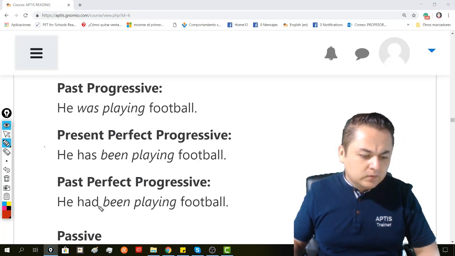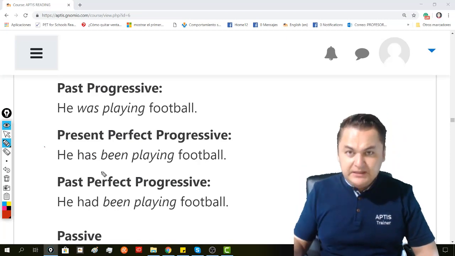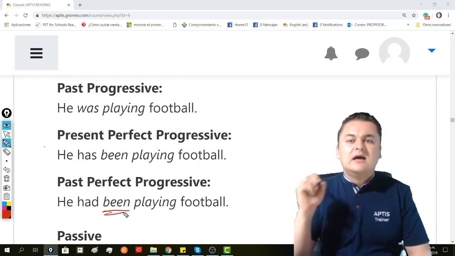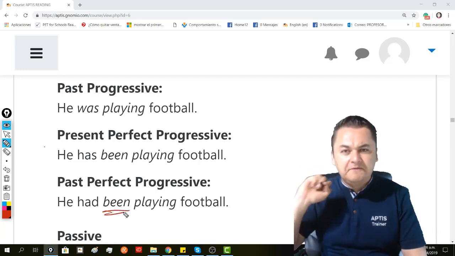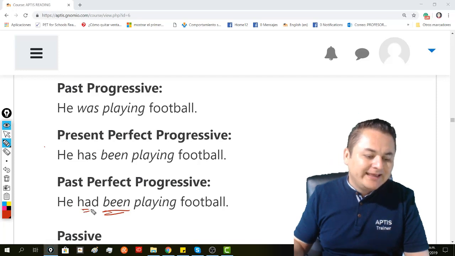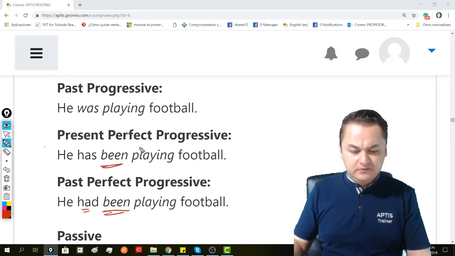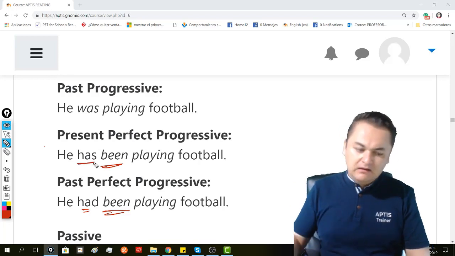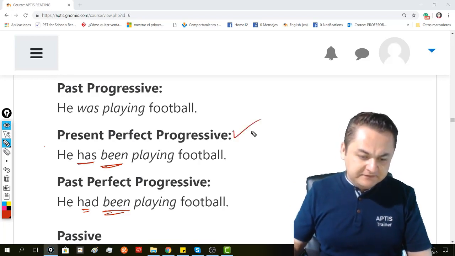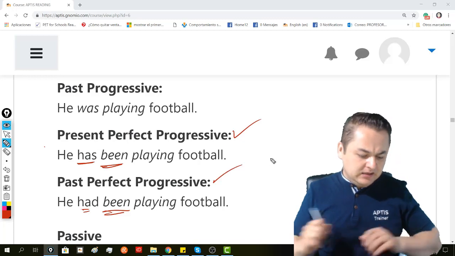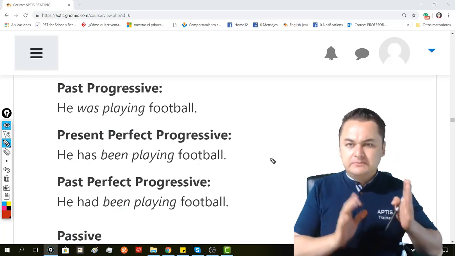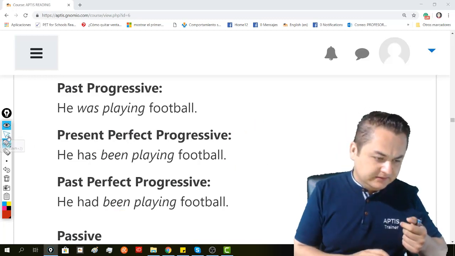Then here, we have the verb to be in its past participle form. So I'm going to say he had or he has been playing football. He has been for present perfect progressive, and he had been for past perfect progressive.